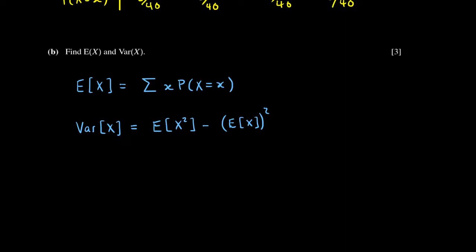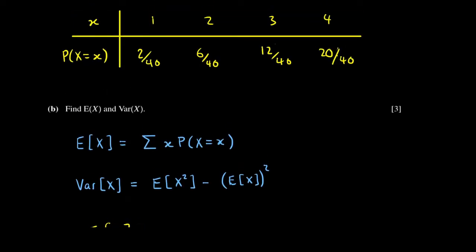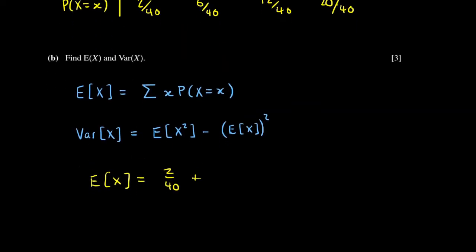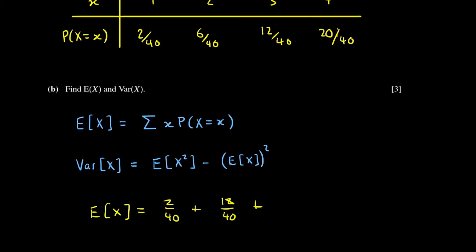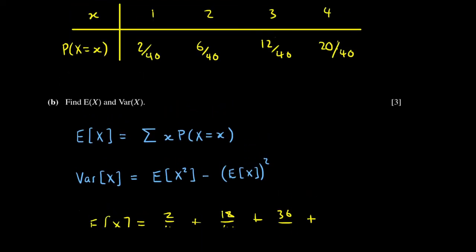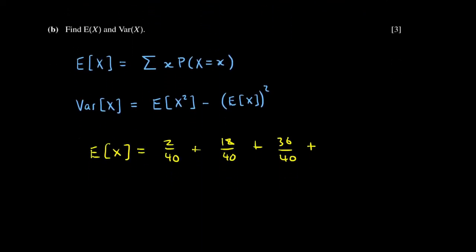So our expectation is going to be equal to 1 times 2 upon 40, which is 2 upon 40, plus 2 times 6 upon 40, which is 12 upon 40, plus 3 times 12 upon 40, which is 36 upon 40, and then 4 times 20 upon 40, which is 80 upon 40.